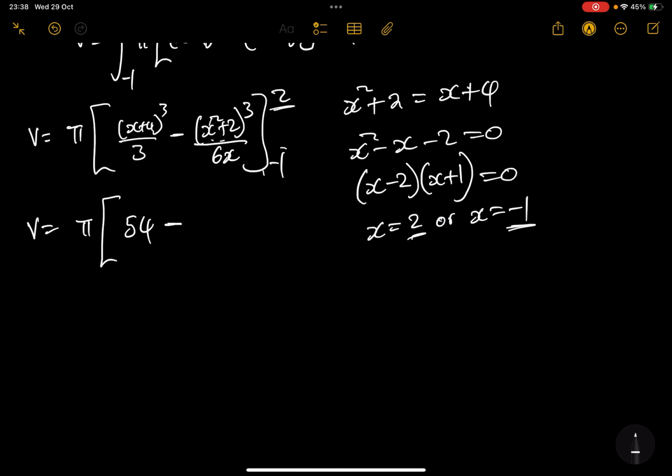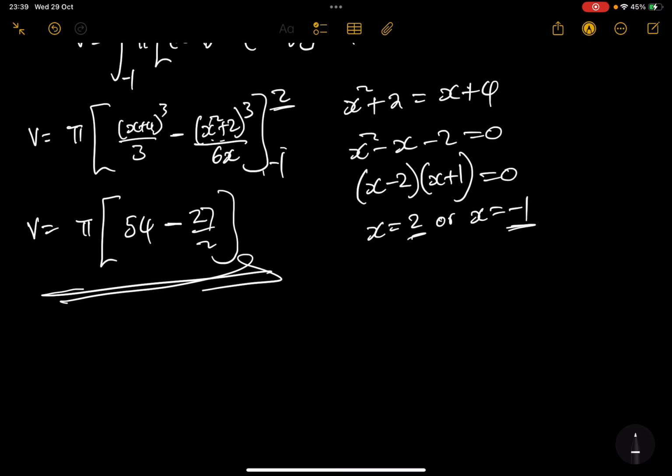Minus that answer, you have 27 over 2. And then you can simplify this to find the volume.